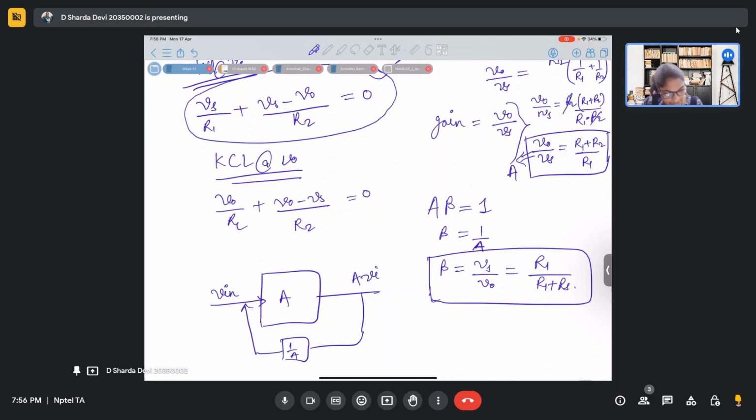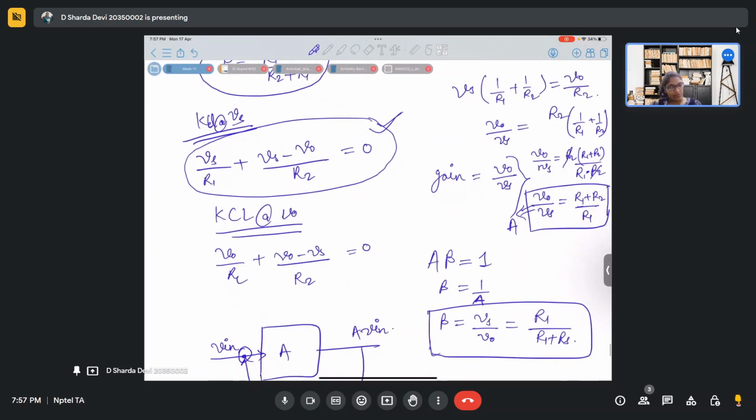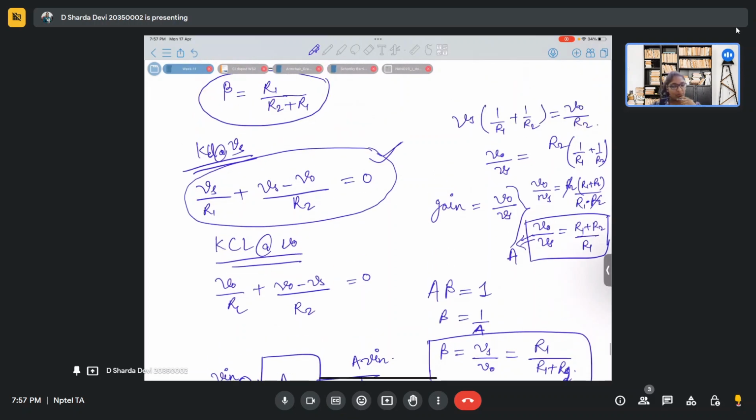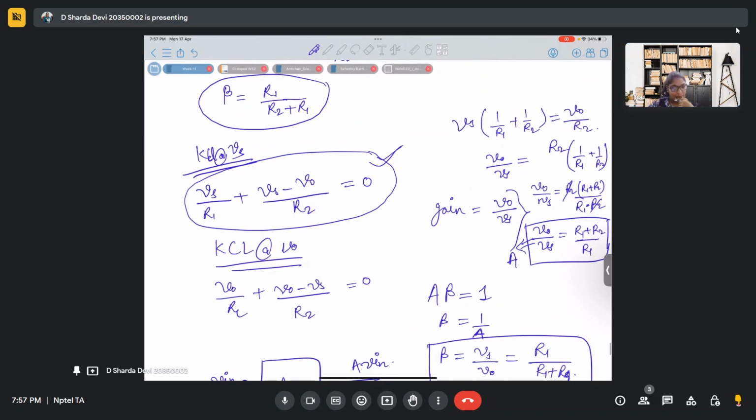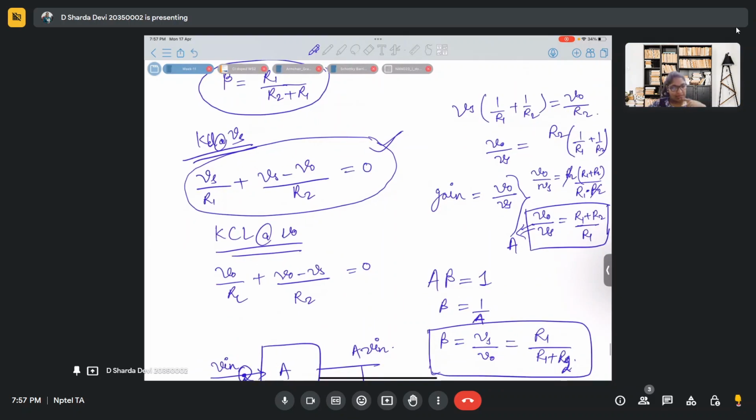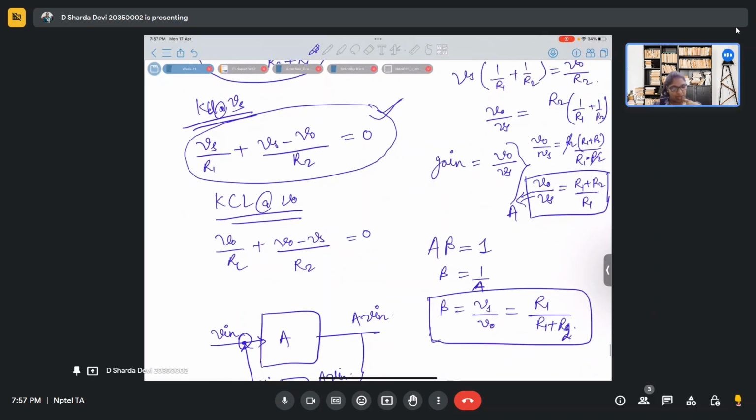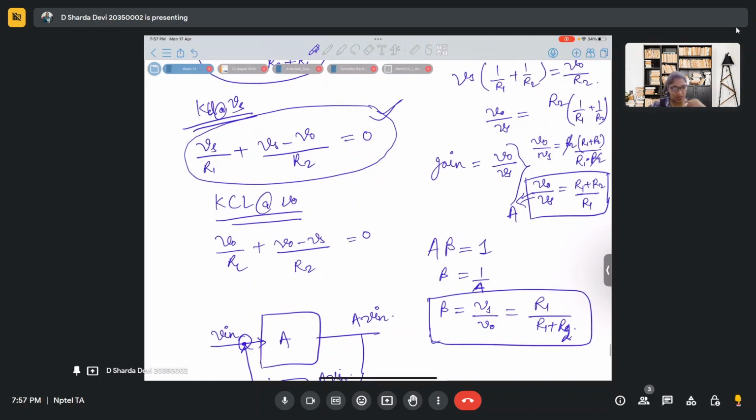So here A times V in comes, and here it is again V in. So that V in is going into this. Ideally, what I understand is they have got this beta formula from this only, considering A into beta to be 1. That is the condition for an oscillator, to get sustained oscillations. Yeah, that is the Barkhausen criteria.